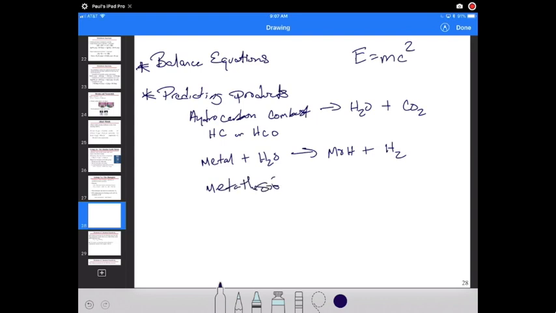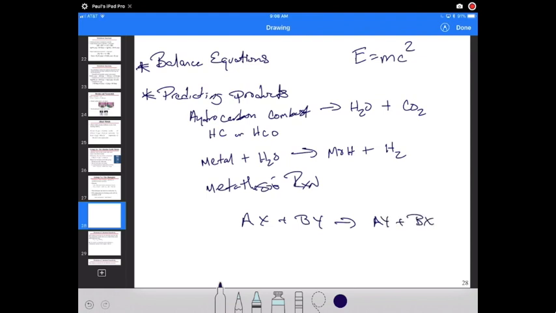The last one you have to predict is a metathesis reaction. What's a metathesis reaction? In high school, you might have learned double displacement. The ions switch. So A cation X anion plus B cation Y anion become AY plus BX.